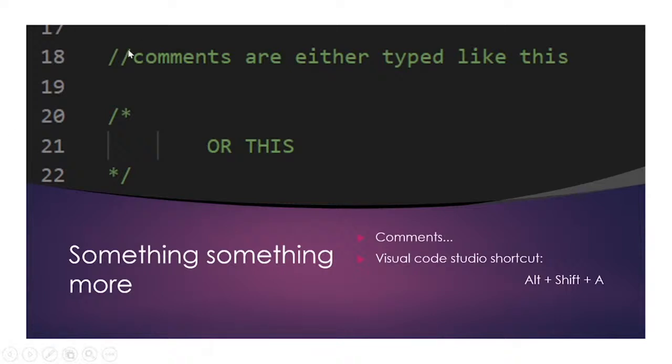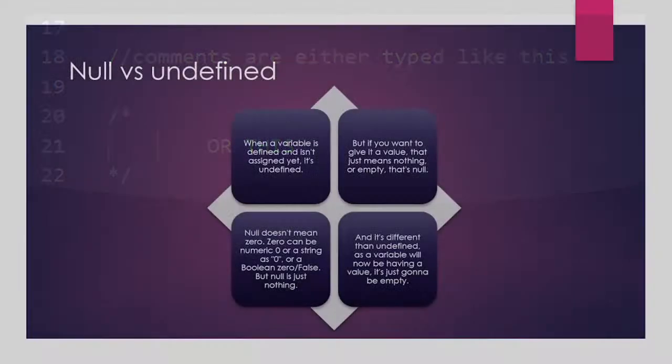And there are two ways in which you start off your comments. Two forward slashes tell JavaScript that whatever is next to it on that line is a comment, and whatever is enclosed in the other pair of characters is another type of comment.